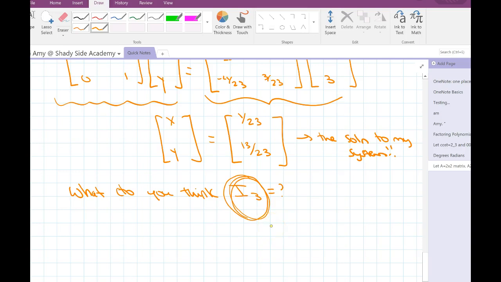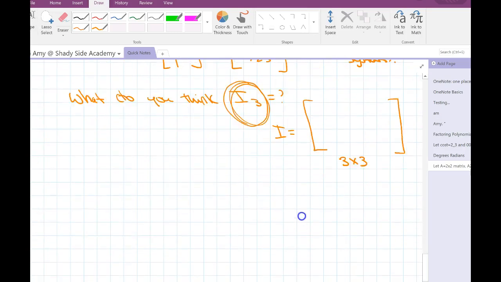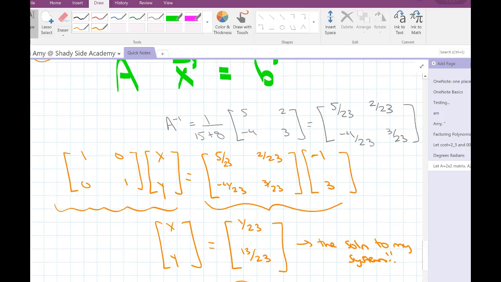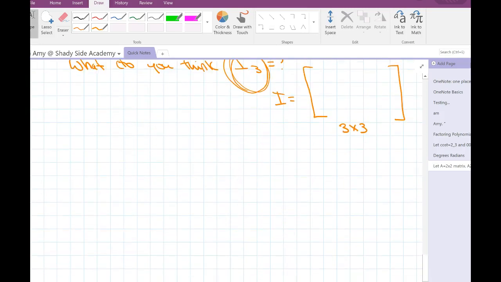You can just play around with this and see what you come up with. In the world of 3 by 3s, I can tell you this, the identity matrix is going to be a 3 by 3. So what do you think the version of 1 in air quotes is in 3 by 3 world?